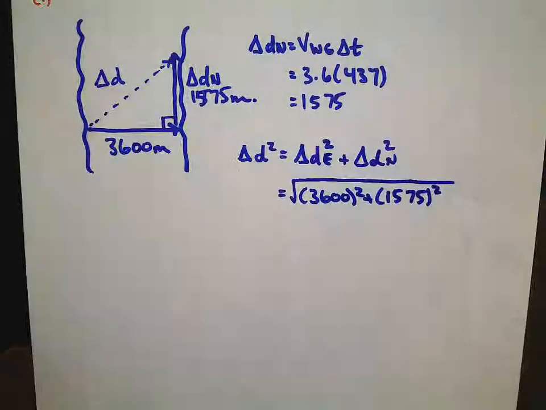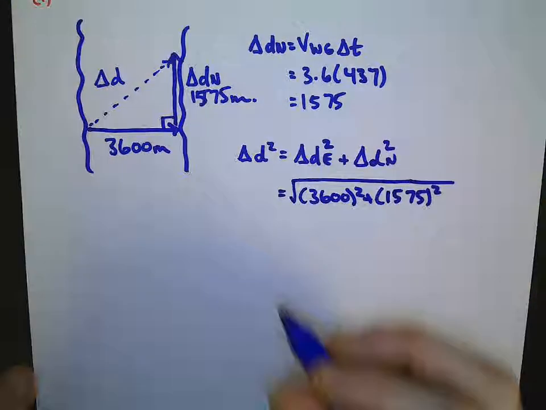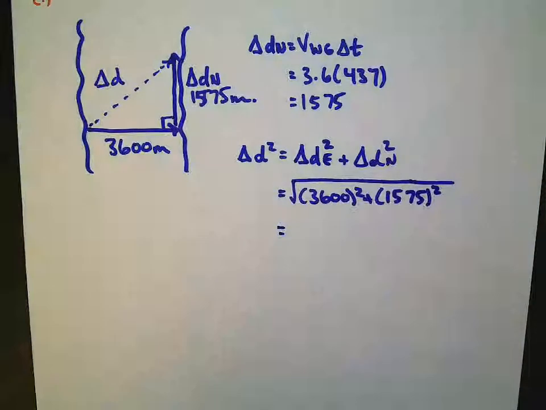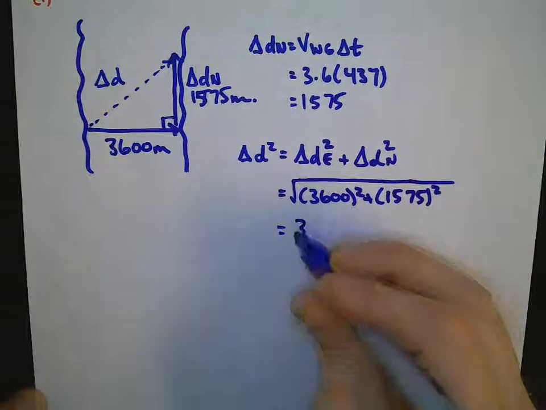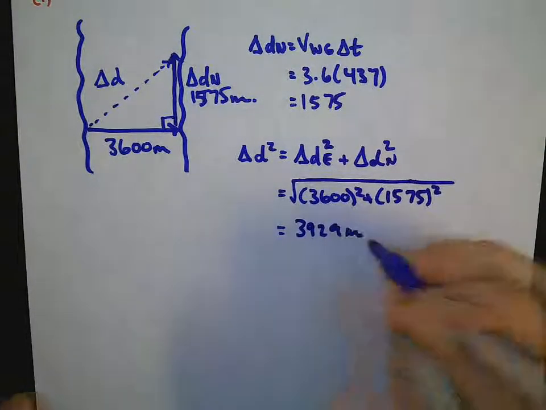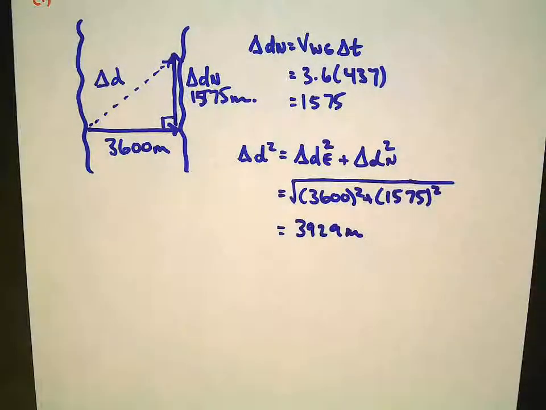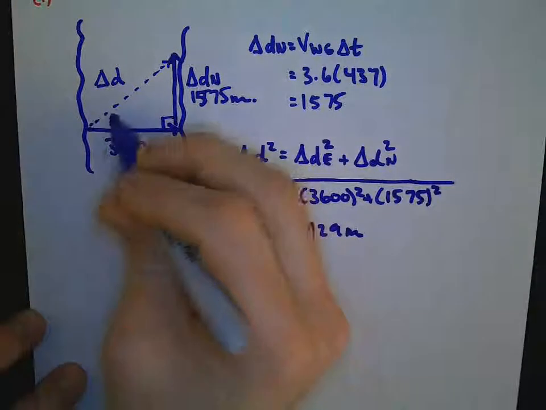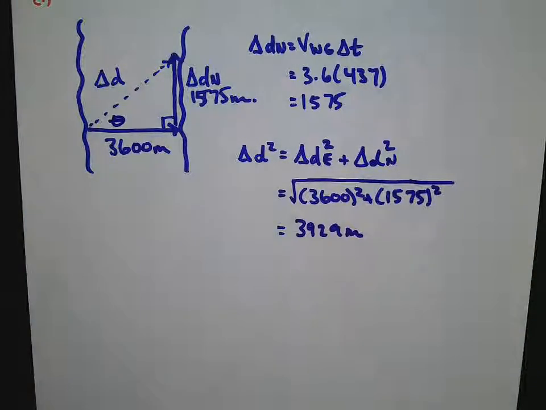By taking the square root of both those added together, we get that the displacement was 3,929 meters relative to the starting position. Our theta in this case is still exactly the same as part A.